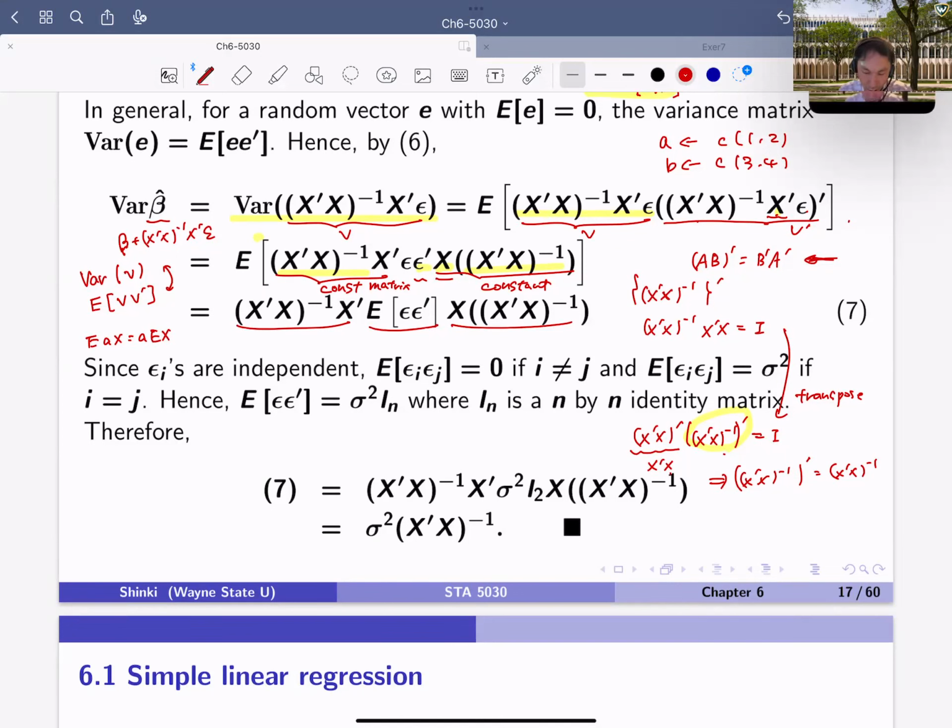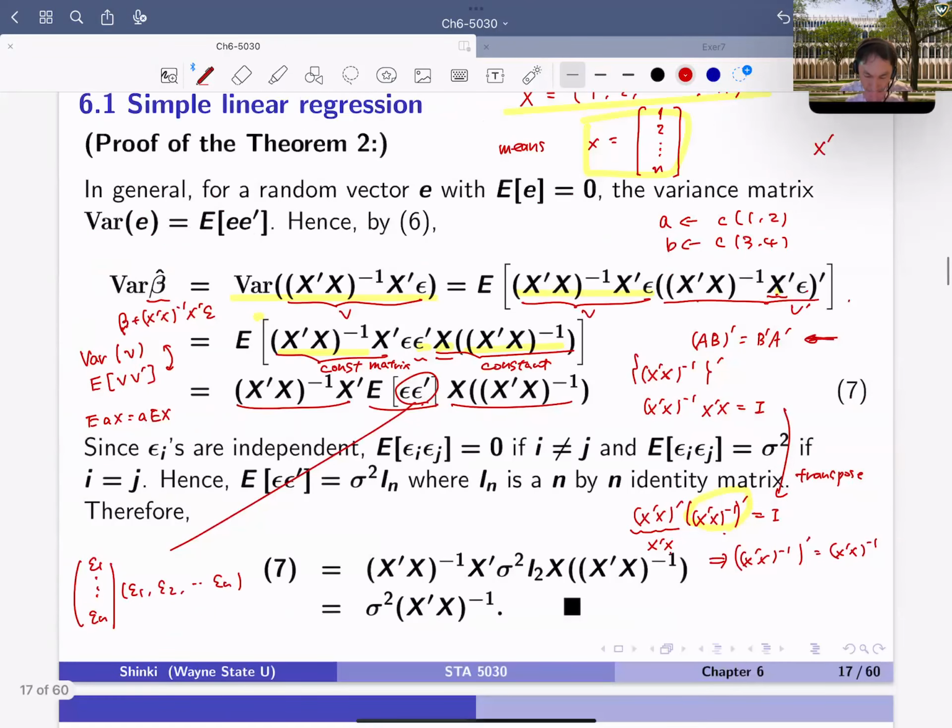Epsilon is the column vector of epsilon 1 to epsilon n. So the ij element of this matrix is the expectation of epsilon i epsilon j.